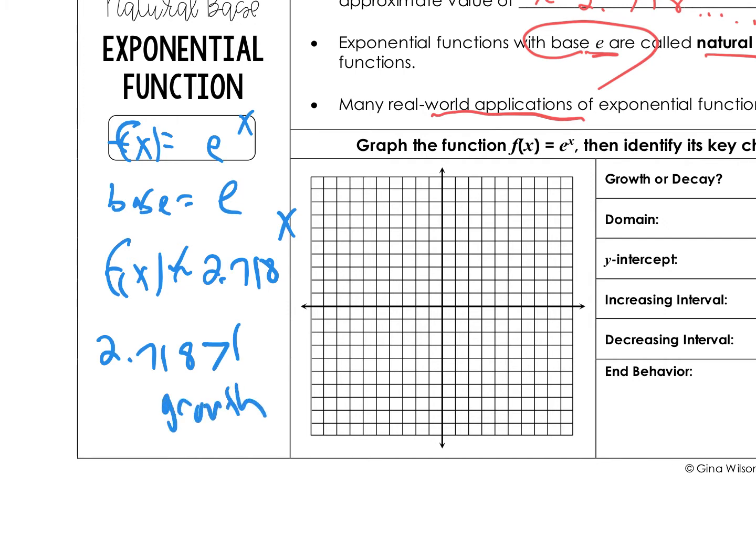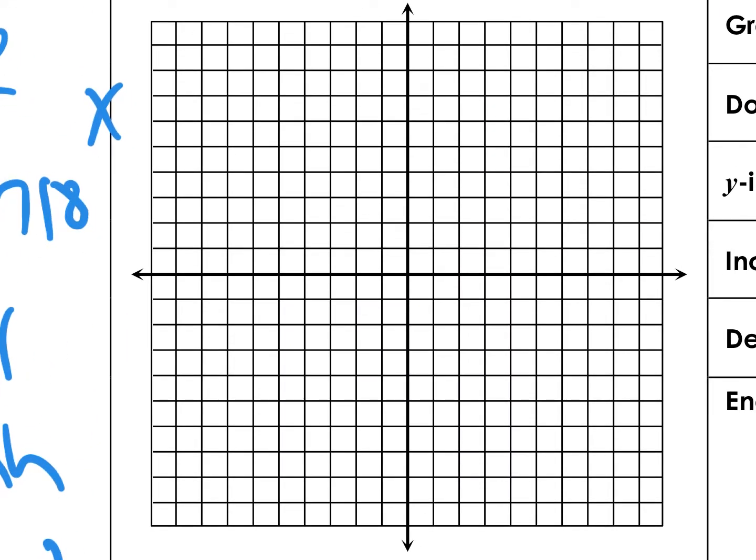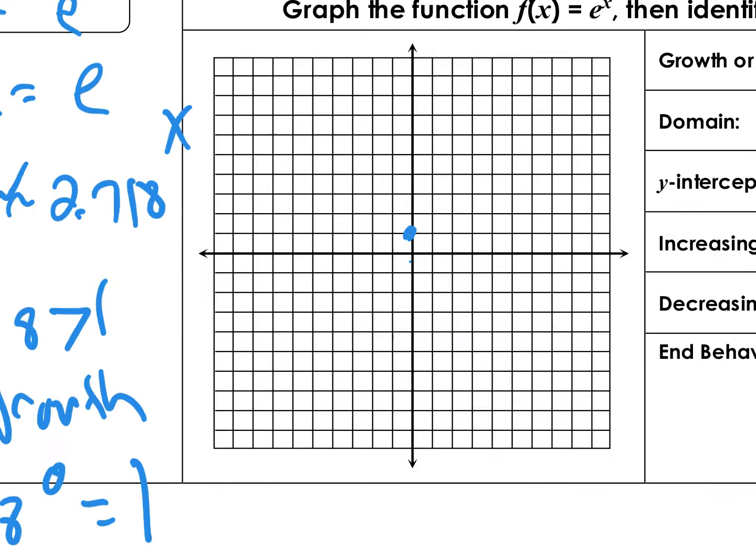And just like I did on the other problems, since 2.718 to the 0 power is 1, then I know at 0, it still goes there. 0, 1 is still going to be the y-intercept.